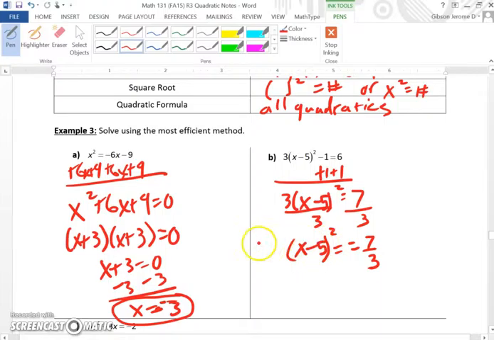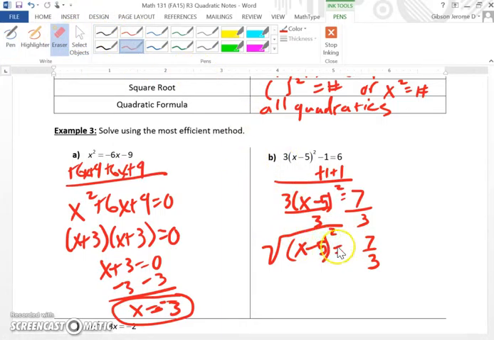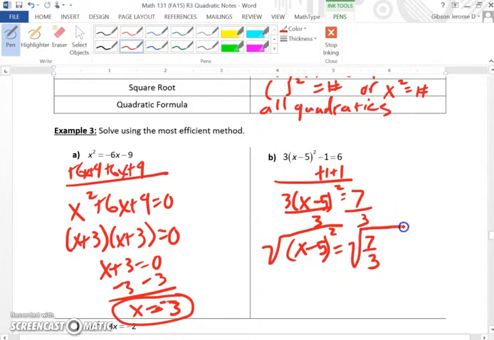Now we need to take the square root of both sides. That's a double equal sign. Okay, so we'll take the square root of both sides. And then we would end up with x minus 5 equals. Now, since we're dealing with the complex number system, this side will be positive or negative square root of 7/3.